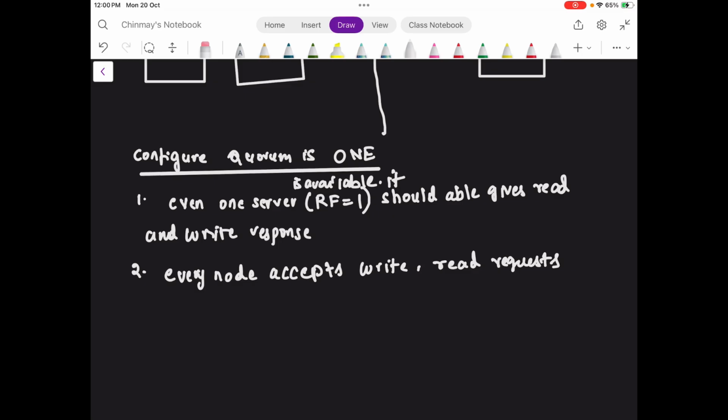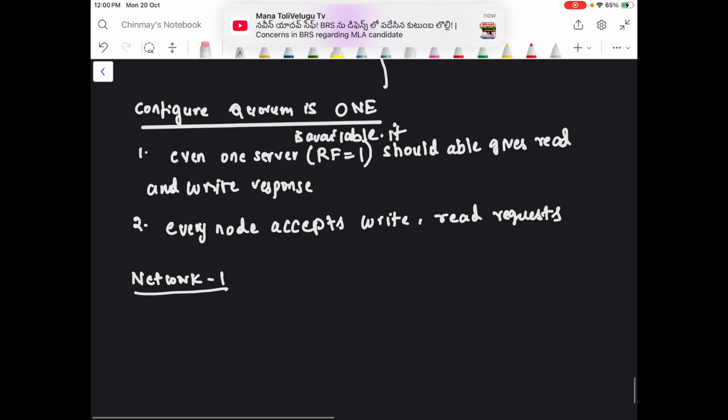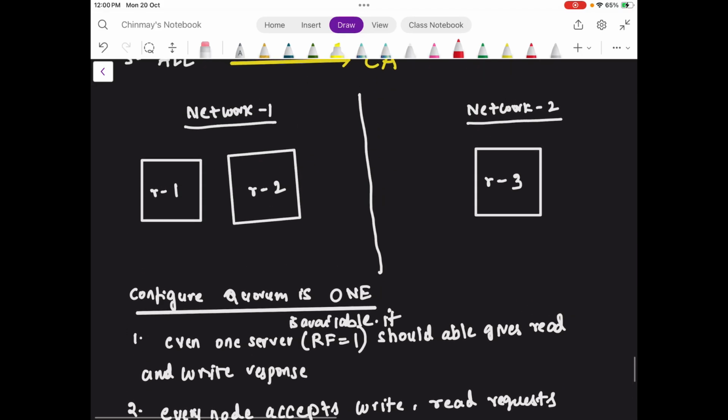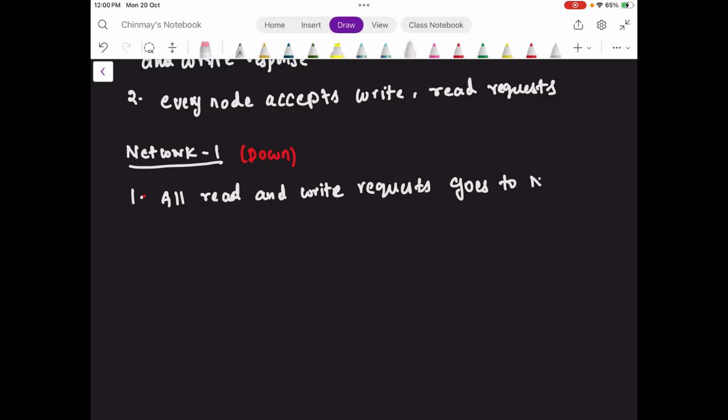Okay, let's discuss why it is an AP system with quorum level 1. Let us consider network 1 is down. What happens if network 1 is down? All read and write requests go to network 2.